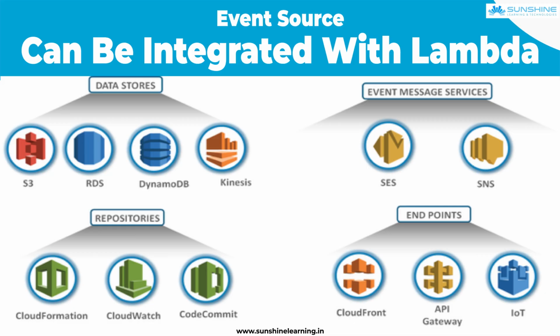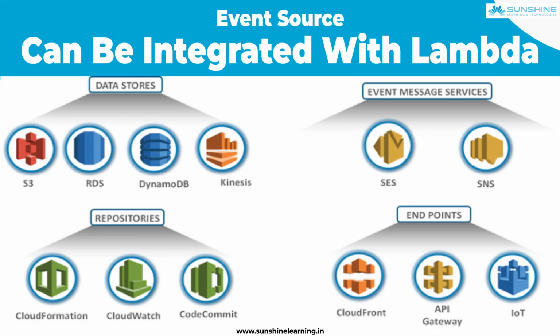What are the event sources that can be integrated with Lambda? These are some of the events that I have mentioned in the slides, but there are many others. Some of the event sources that can be integrated with AWS Lambda could be S3, RDS in the database section, DynamoDB, AWS Kinesis. You can use Simple Email Service and Simple Notification Service also. CloudFront can be used.